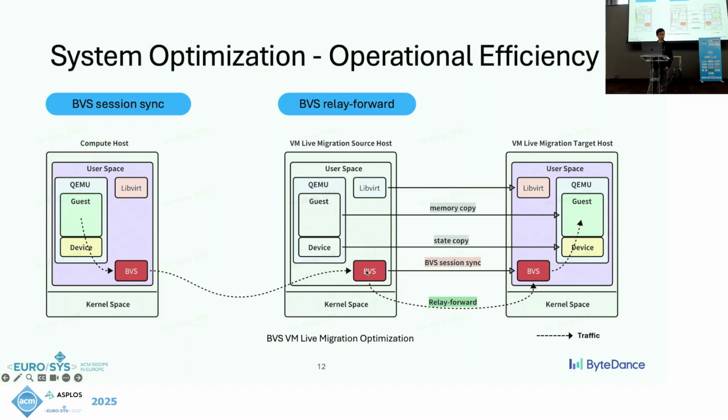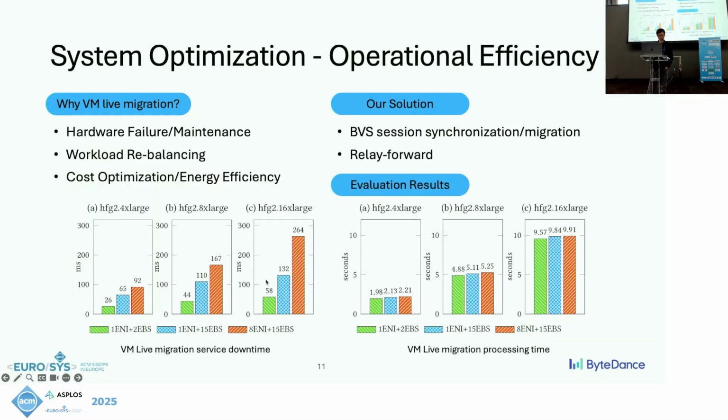This will mark some entries, saying okay, this entry has been migrated to the target host. If this BVS receives the packet, it will forward the packet to the target host. So with that, based on the performance numbers we evaluated in our production environment, we can get the service downtime to within 300 milliseconds.